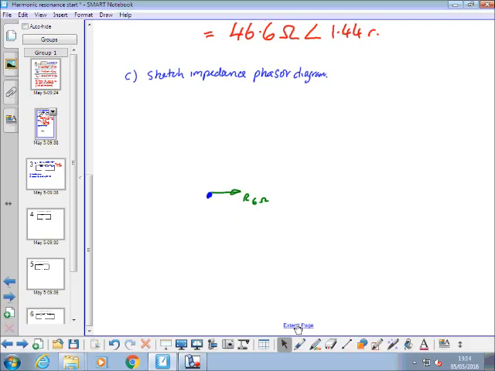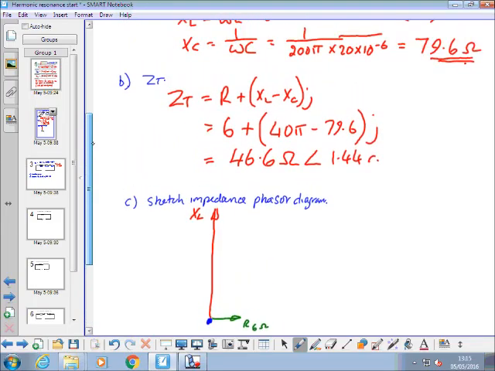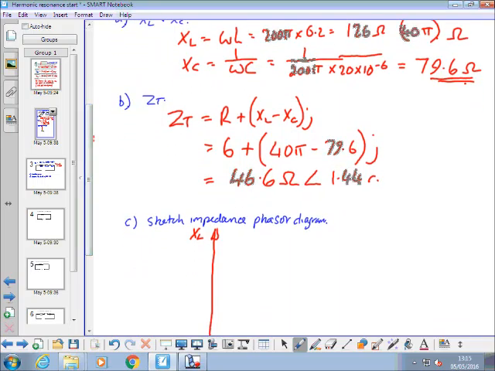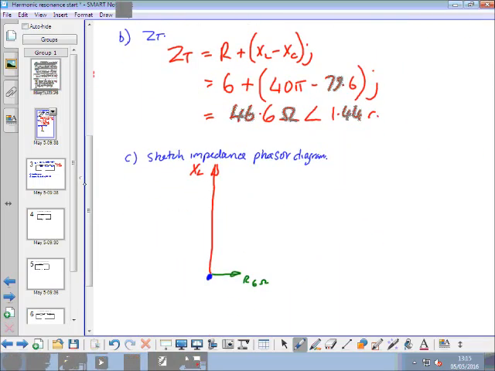If it says sketch, it doesn't have to be to scale, but if something is bigger than the other, just try and show that in some way. Which way is XL? Vertically upwards. XL was 126 ohms.